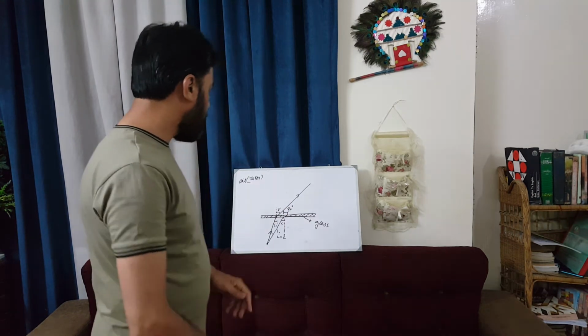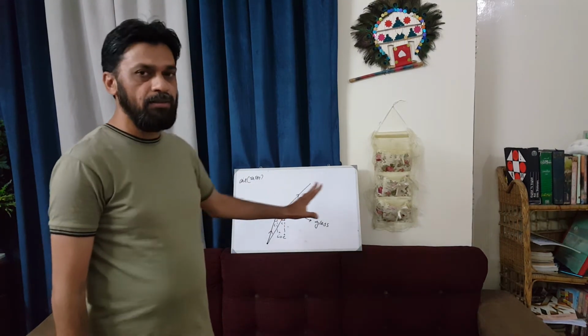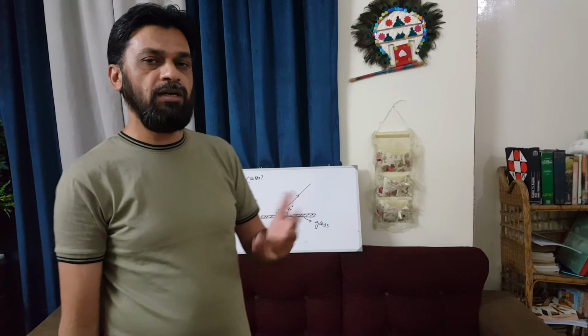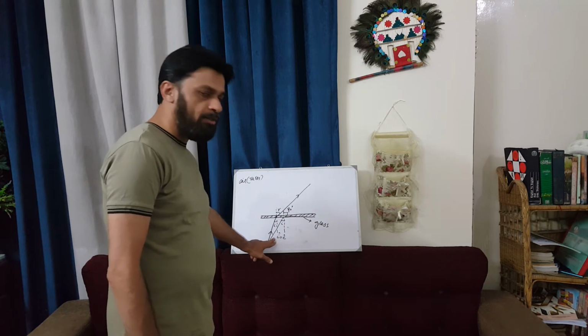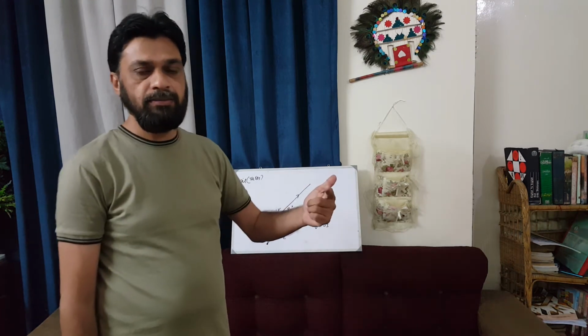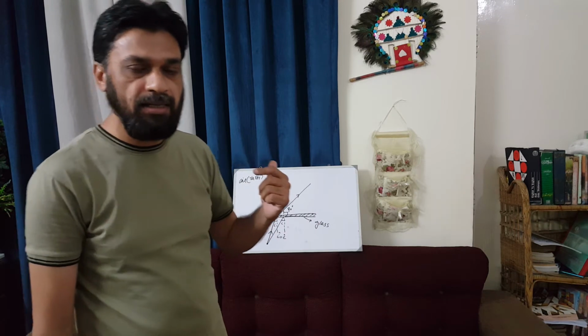And remember that if we increase further, just 1 degree or more than 1 degree, if we keep the angle of incidence greater than critical angle, and critical angle is actually an incidence angle but conditional.